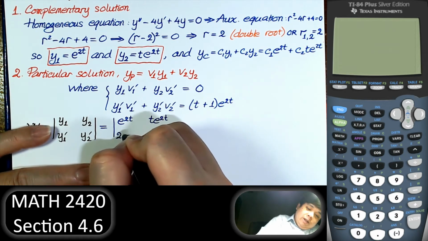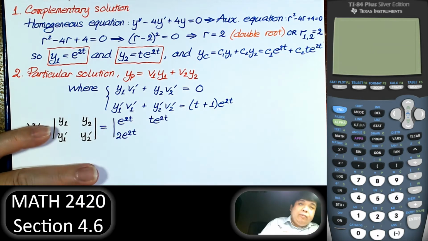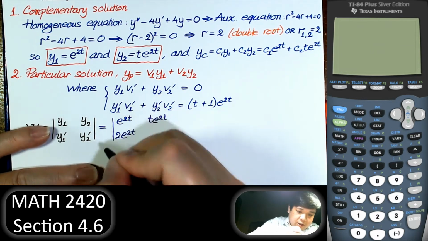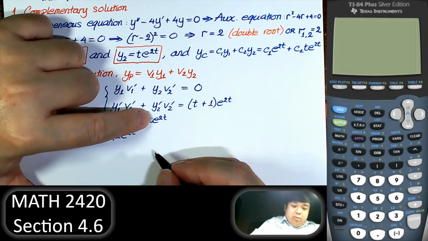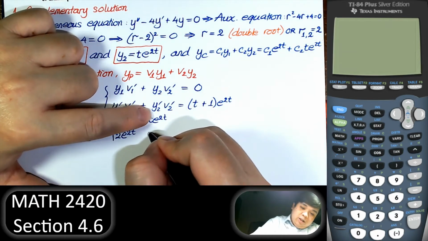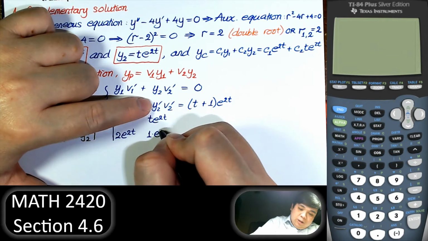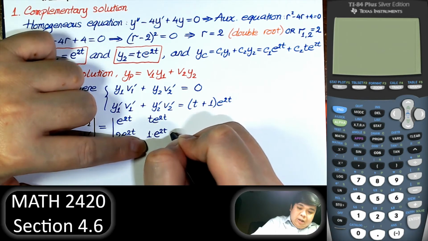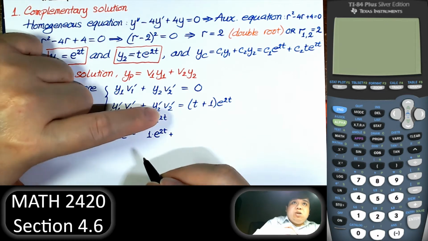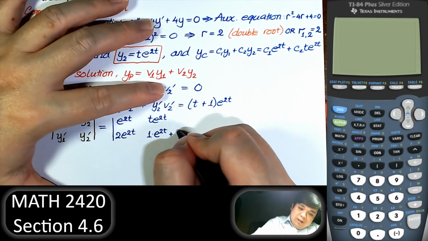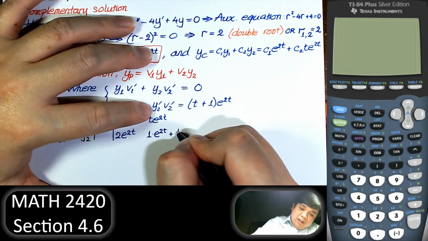The derivative of y1 is 2 e to the 2t. The derivative of this has to use the product rule: the derivative of the first, and then plus the first with the derivative of the second.